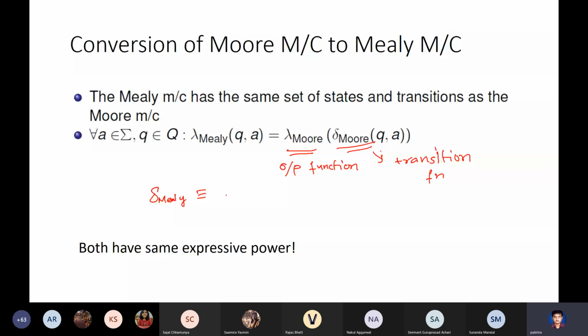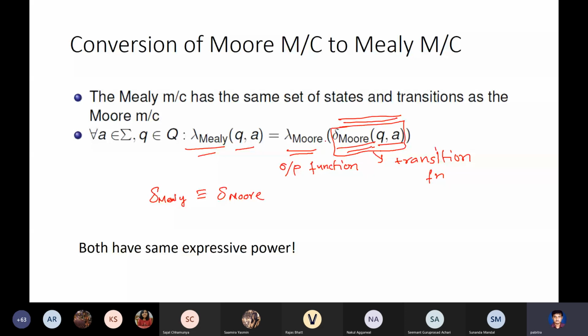So lambda Mealy, the output that you produce at state Q and input A, is lambda Moore applied on delta Moore. If you have a state input pair Q, A, you first apply the state transition and move to the next state using delta Moore. Because lambda Moore is a function of only the state, on the next state you apply lambda Moore.